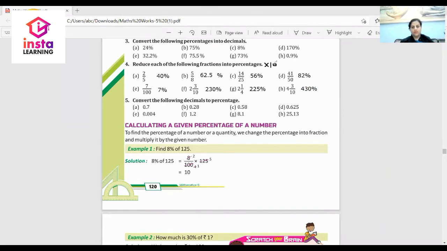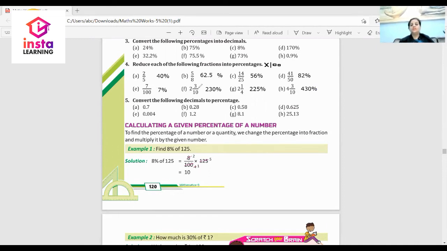So when you multiply 2 upon 5 into 100, you will get 40%. 5 upon 8 will be 62.5%. 14 upon 25 will be 56%. 41 upon 50 will be 82%. And 7 upon 100 will be 7% only.